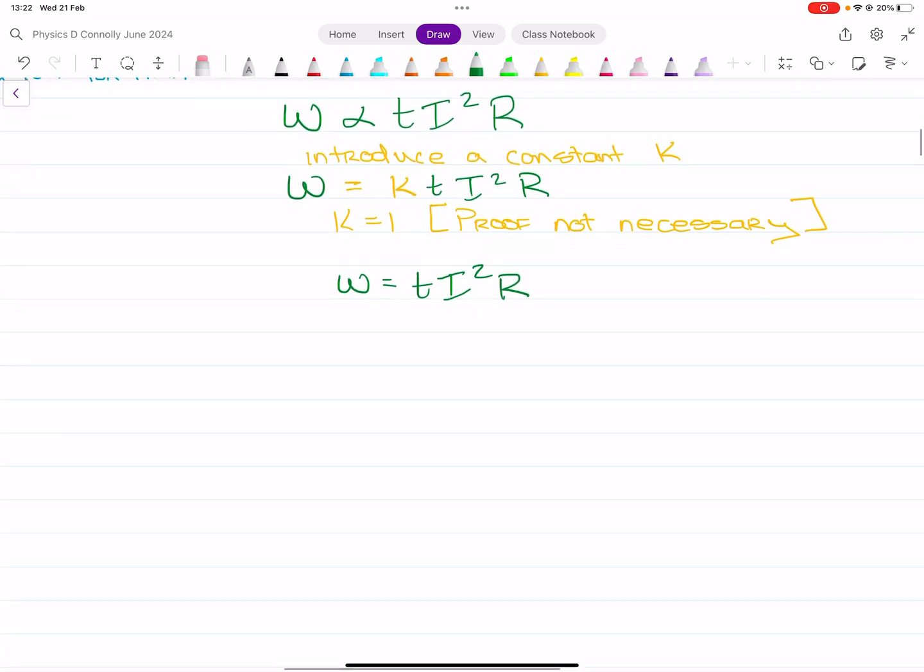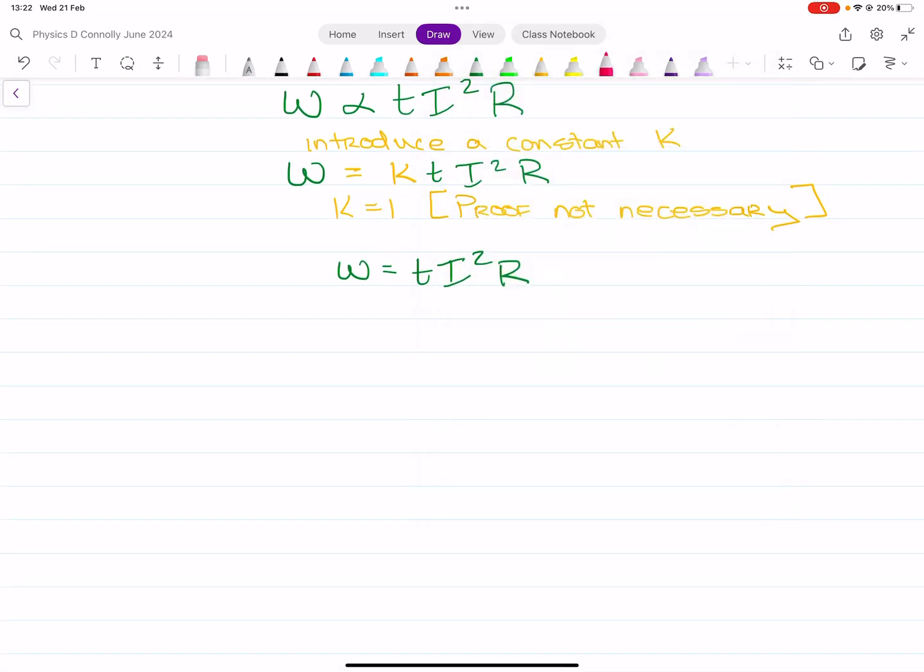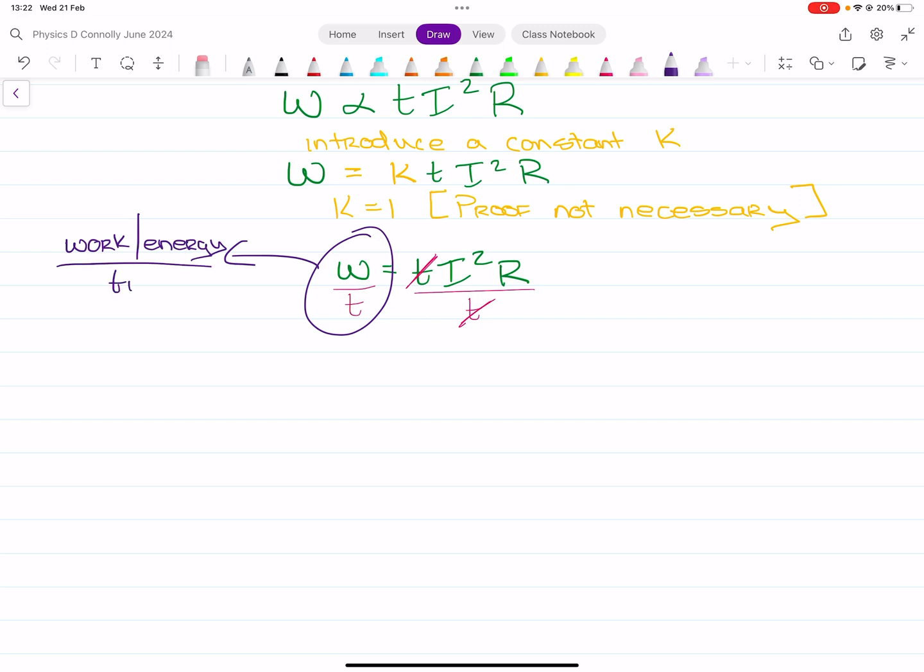Now, I'm going to divide across by T. Now, W over T. So W over T is work or energy over time.